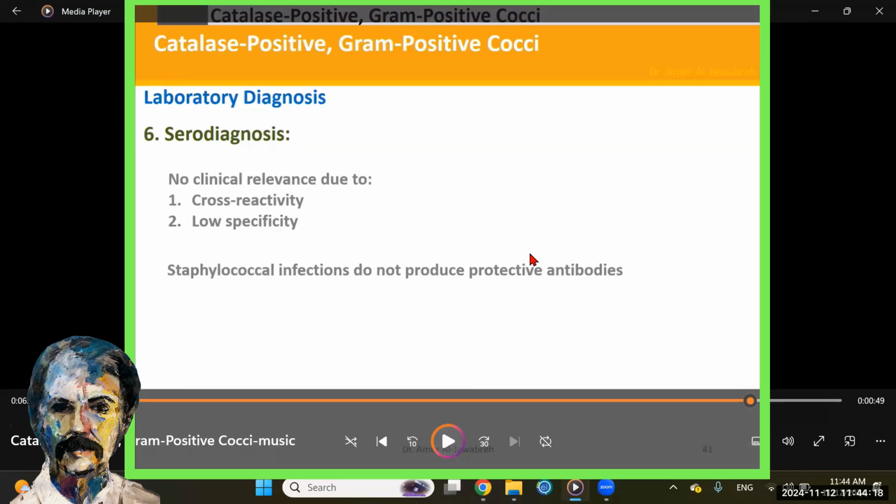So when you test them, these other bacteria give you positive results exactly like S. aureus. So we have cross-reactivity. Another thing is that Staphylococcus infections caused by Staph aureus don't produce protective antibodies which you can detect easily in serology. So for these reasons, it is of no value.